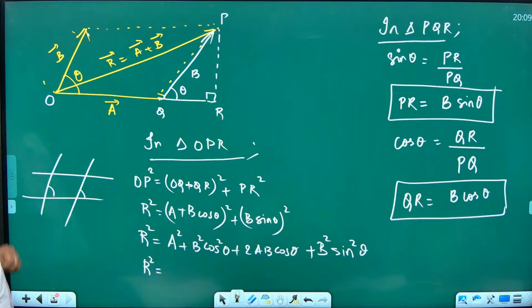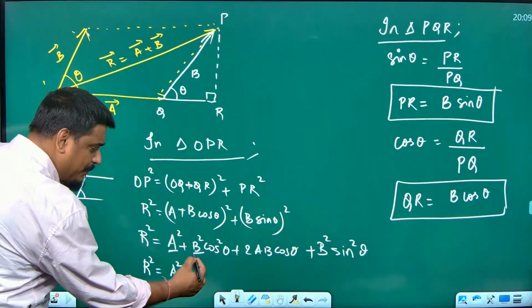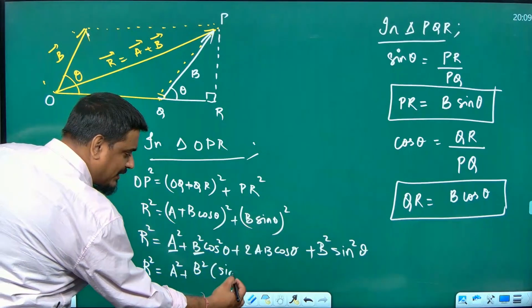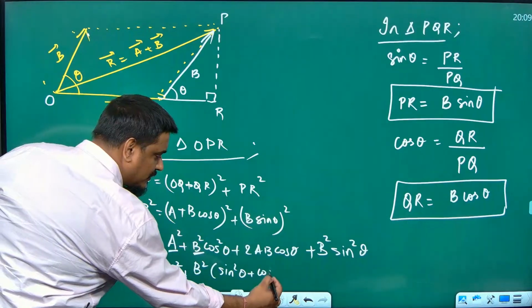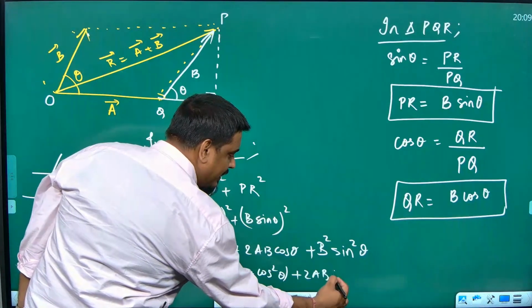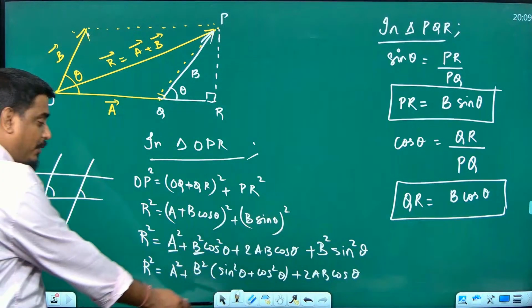Yes, sir. Now this A square I am writing, plus B square I am taking common. I will be getting sin square theta plus cos square theta. What remains? Plus 2ab cos theta. Any problem? So from here what I get?